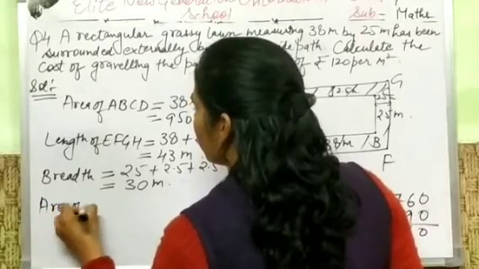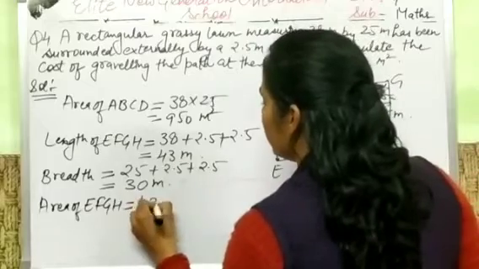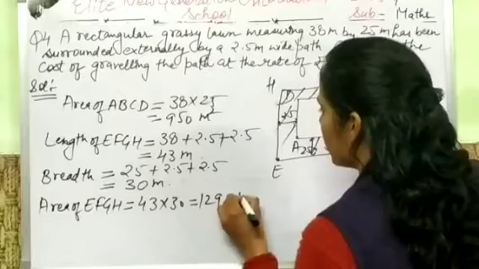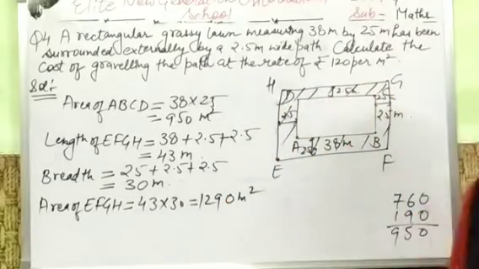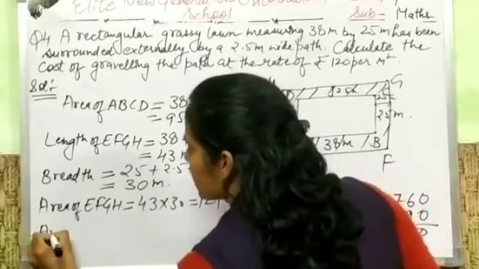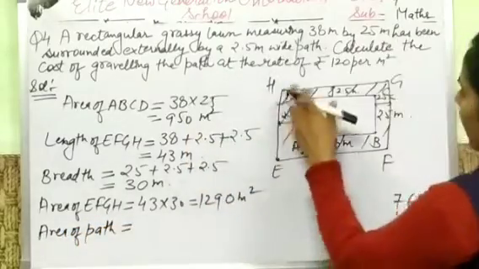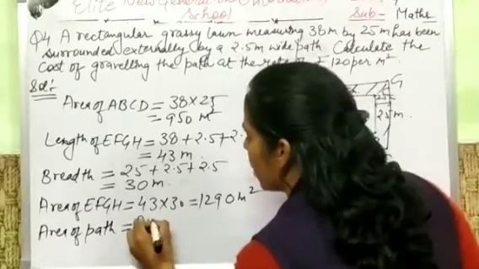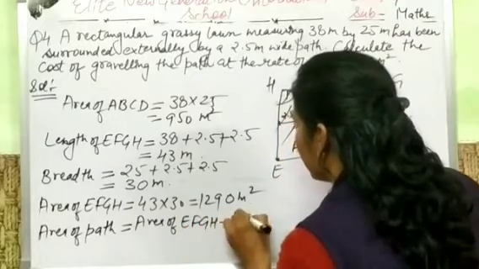Now the area of EFGH is equal to 43 into 30. So here we will get 1290 meter square. But we have to find the area of this outer path, right? So area of path is equal to area of EFGH minus area of ABCD.